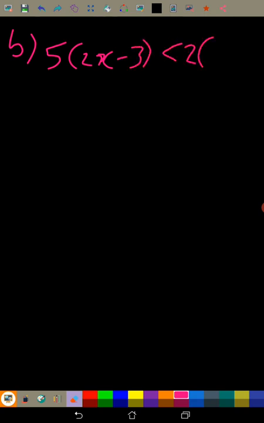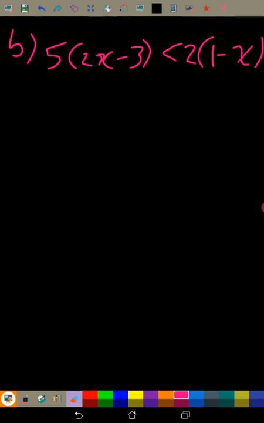The second one is going to be b, and b is going to be 5 times 2x minus 3 is less than 2 times 1 minus x.